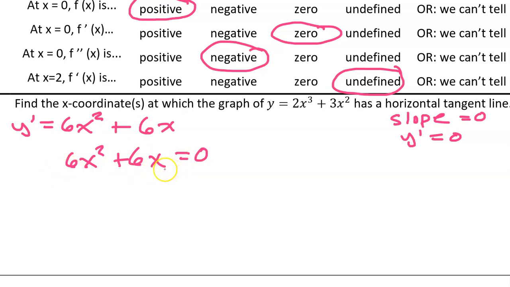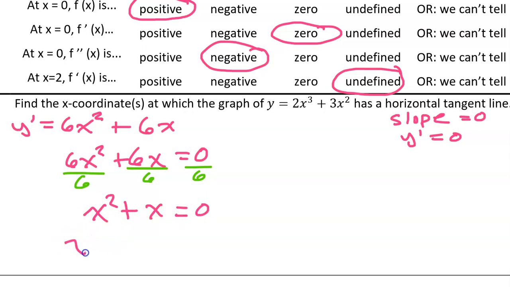Let's factor this. Actually, I feel like dividing everything by 6 because that's allowed. So that will give us x squared plus x is equal to 0. Now I would like to factor out the GCF of x. So I get this.